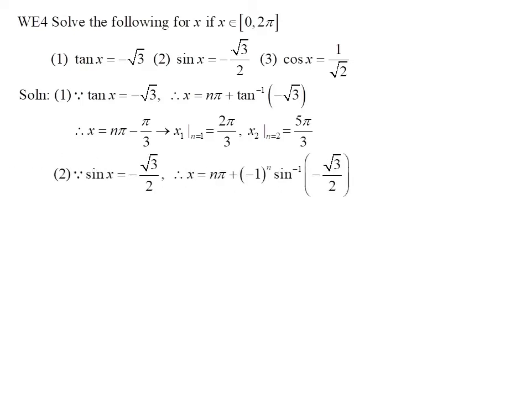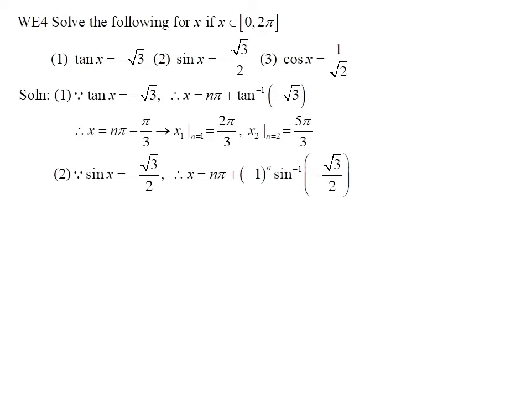As for the next equation, after applying the general formula for sine function, we have x equals n pi plus (-1)^n times arcsine of -√3 over 2.